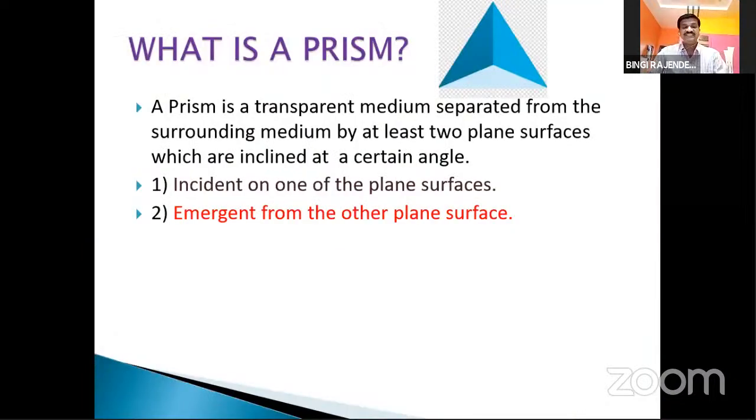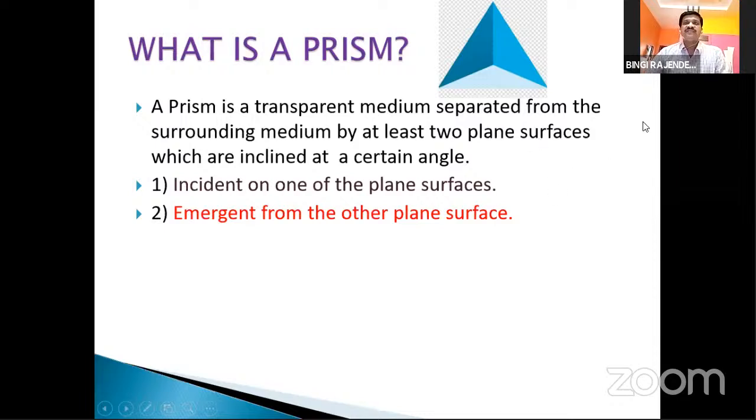Next, what is a prism? A prism is a transparent medium separated from the surrounding media by at least two plane surfaces which are inclined at a certain angle. Prisms are made of plastic or glass, or you can fill them with water or benzene or other materials also.